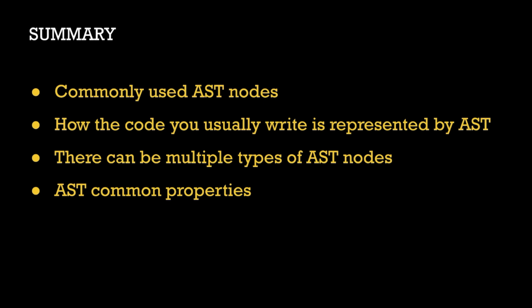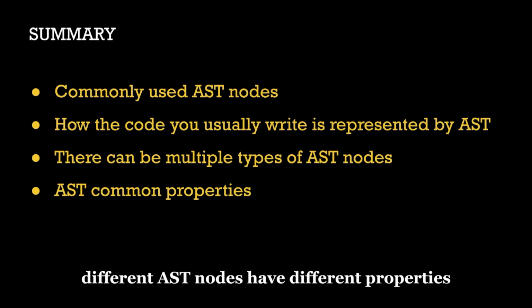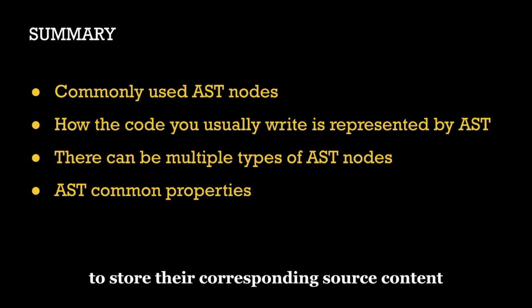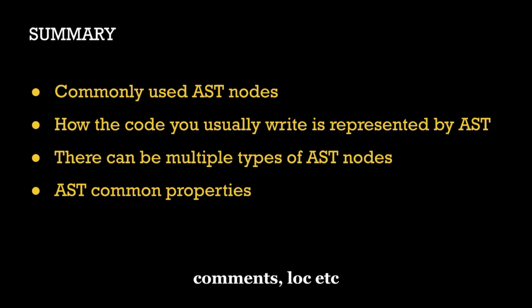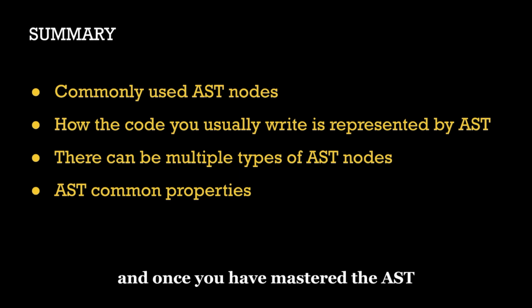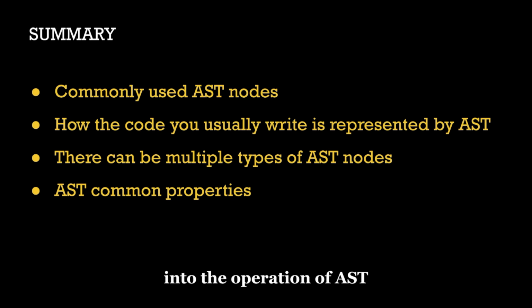Lastly, different AST nodes have different properties to store their corresponding source content, but all have some common attributes such as type, comments, loc, etc. And once you have mastered the AST, you can convert the operation of the code into the operation of AST.